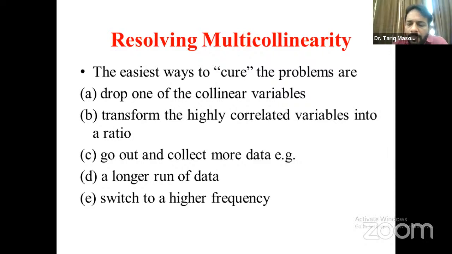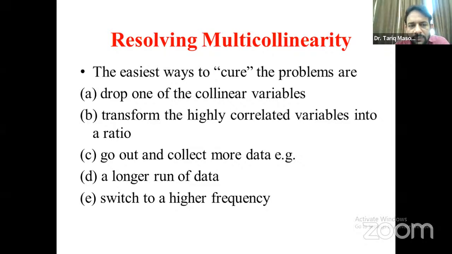But you should not drop any important variable from the model, because in that case there will be a specification error. Transform the highly correlated variable into a ratio. So we can also do some transformation. There are a number of transformations. In place of the original variable, we can use some transformed data.